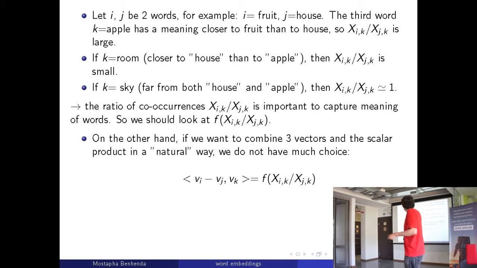Because the minus is like a ratio, and the k is in both parts. So you feel you don't have so many options to try for a formula. And so it gives you a second constraint, a second formula. And if you also use the first formula, which is this one, v_i scalar v_k equals f of X_ik.